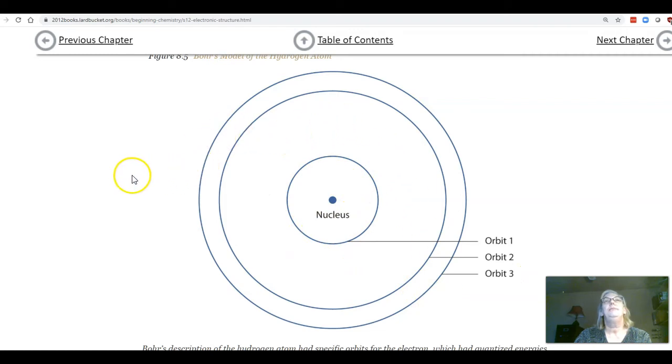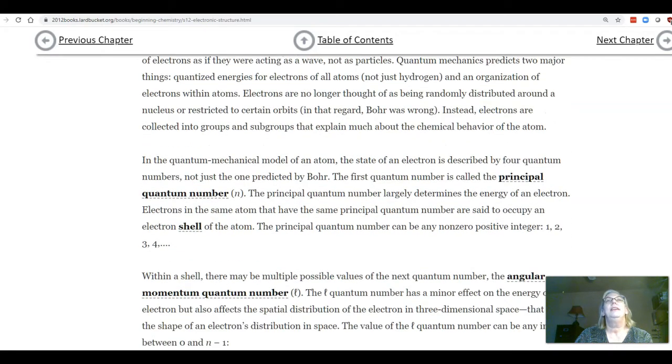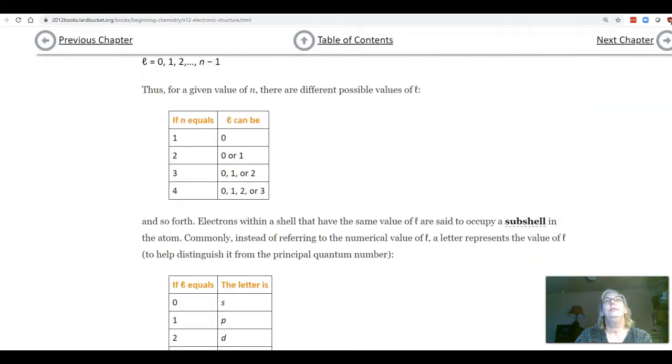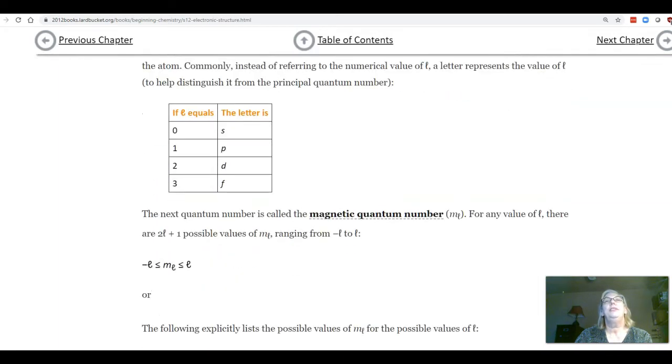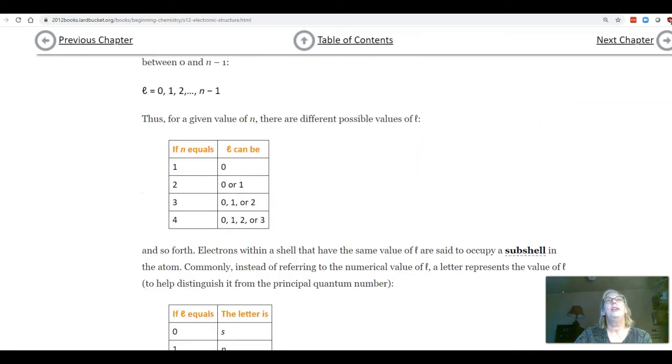Each level is an orbit, and one theory way back in the day was Bohr, who came up with a very simple theory, but now we have a more complex idea than Bohr, and we're going to explain in more detail where electrons are compared to what Bohr thought.